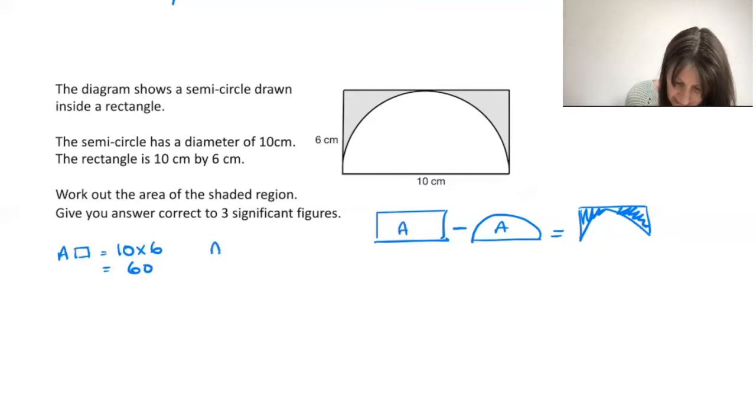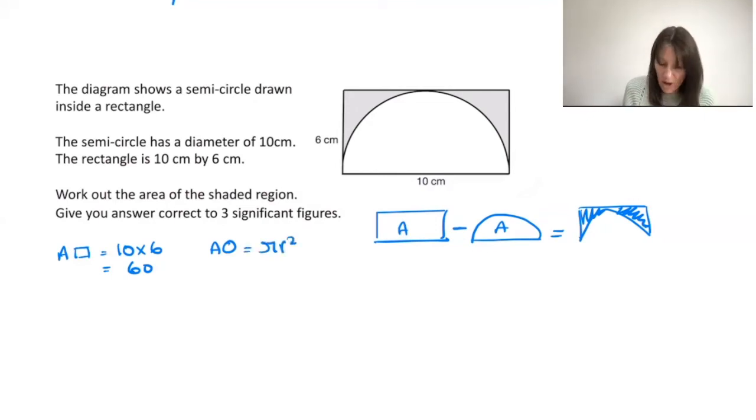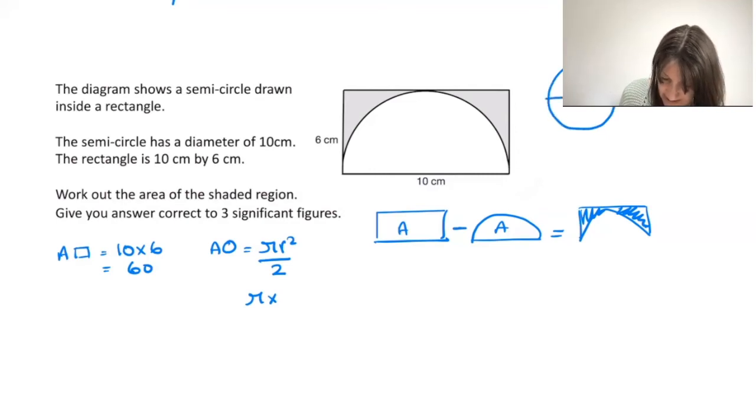The area of my semicircle has to come from areas of a circle. Area of a circle is pi r squared. But then I don't want the whole thing. I only want half of it. So I will divide that by 2. So this is going to give me pi times the radius. Now, just remember the full circle with the semicircle with a 10 there.